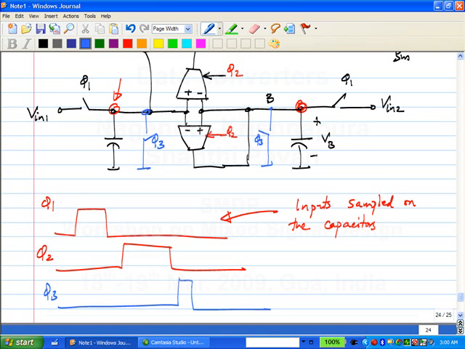What he is suggesting is that instead of connecting each one to ground, you can alternately just simply short the two together. Correct? And what happens now? The voltage of one was plus VDD, the other one is minus VDD. You short the two together, you get 0.